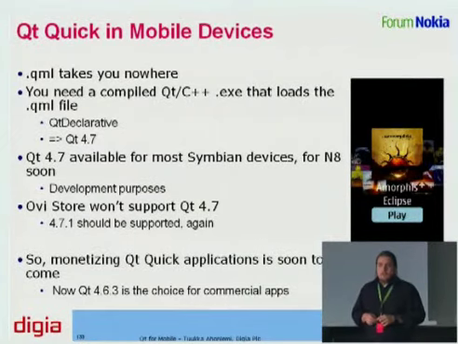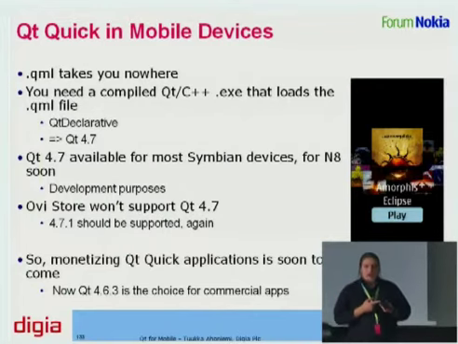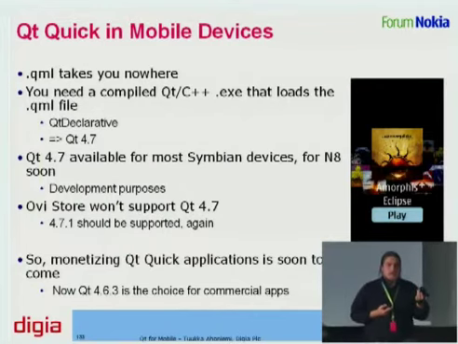Then on the actual offering side, Qt Quick in mobile devices. I had it here. I can go to qt.nokia.com and download Qt 4.7 libraries for Symbian. And with that, I will get a sys package that I can install here, and now I have 4.7 here.